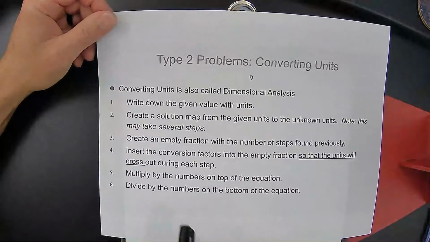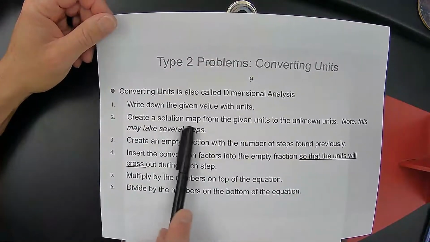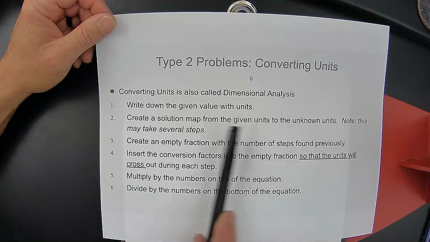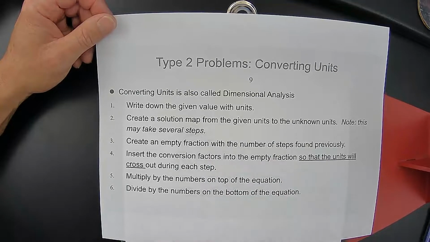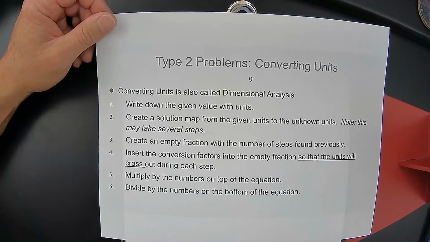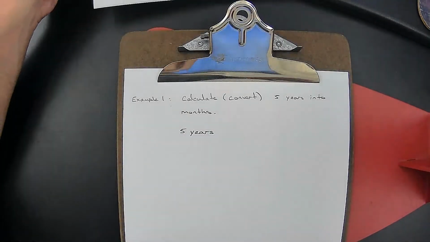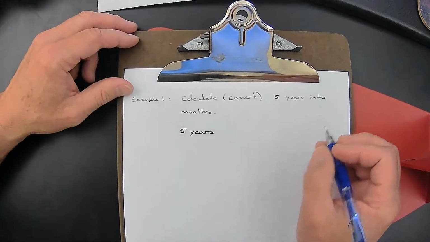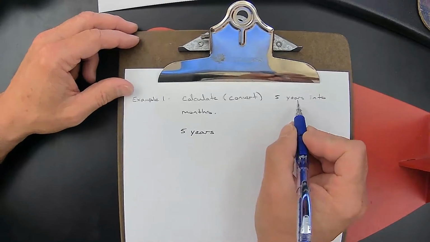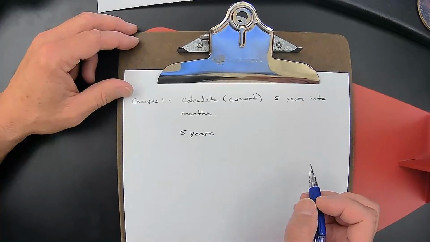The second step is we're going to create a solution map from the given units to the unknown units. Sometimes this is going to take several steps. Sometimes, in this case, it's only going to take one step. So off to the side, I'm looking for a solution map that allows me to go from years to months.